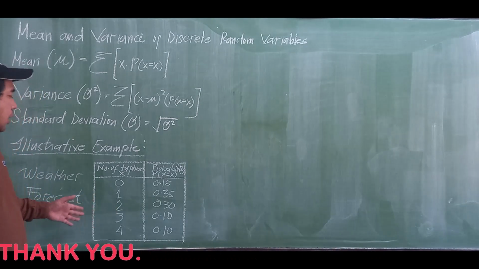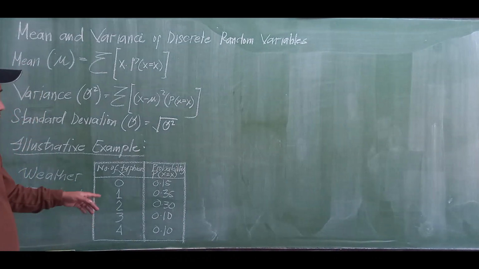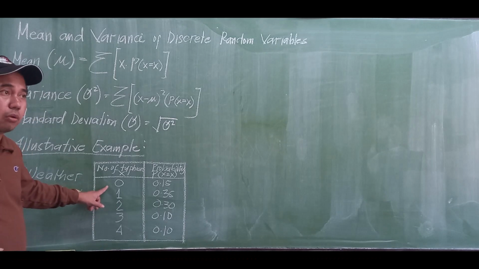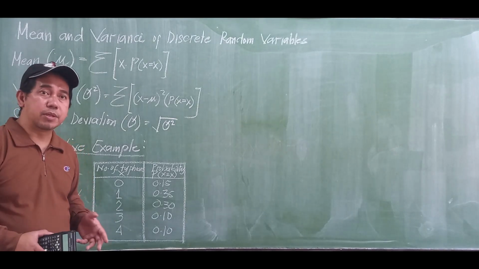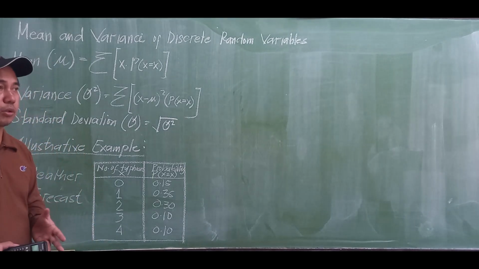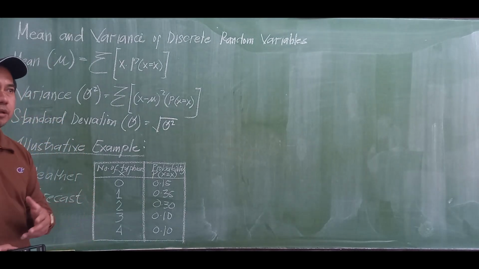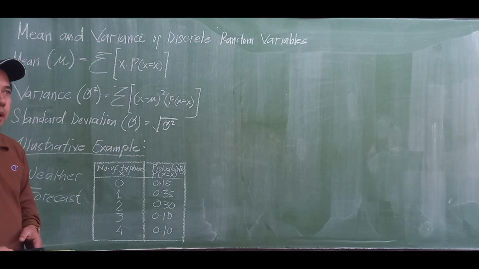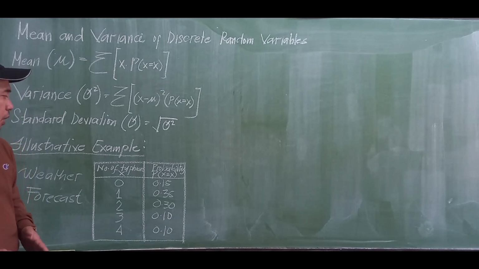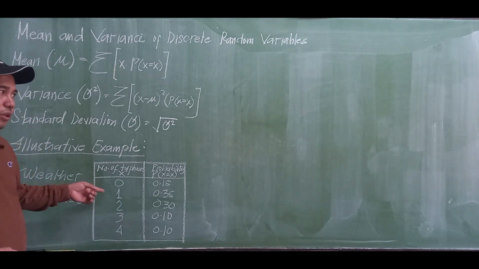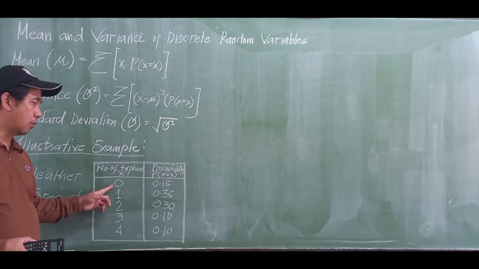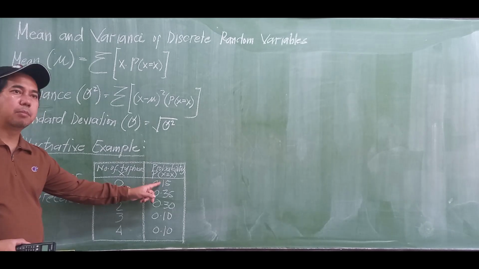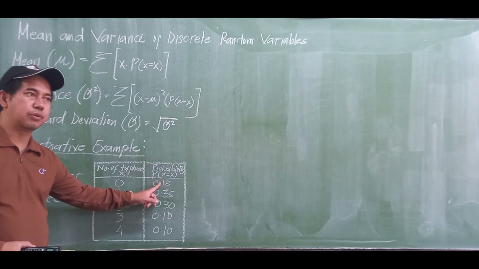Within a month there might be no typhoon at all. In the Philippine setting there are two seasons, the rainy season and the summertime, so there are months with no typhoons. So we have 0, with its corresponding probability of 0.15.